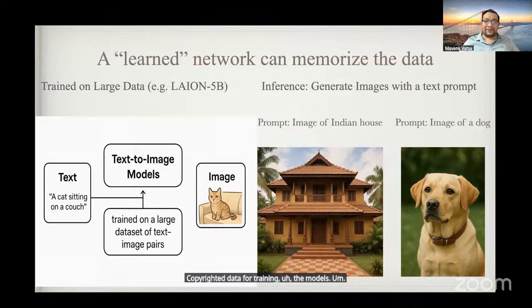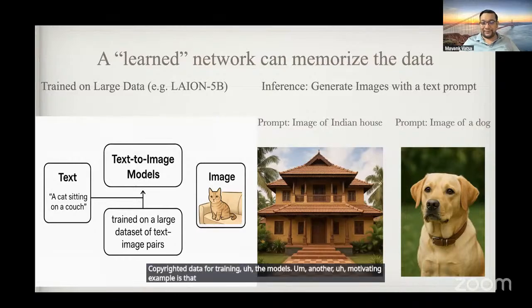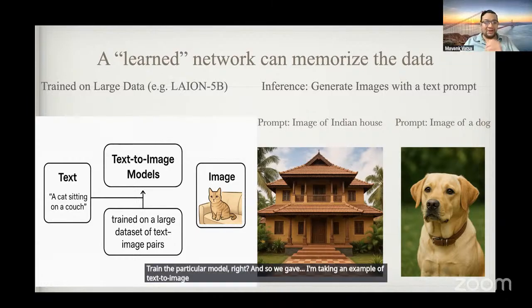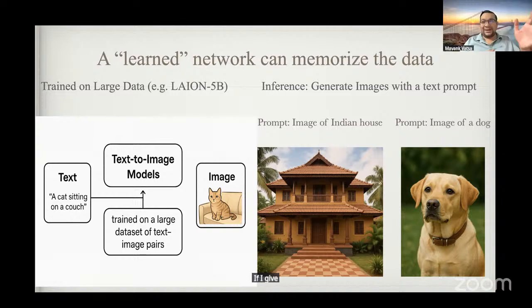Another motivating example is this: when we talk about billions of parameters and billions of samples, probably trillions of tokens, what happens when we train a particular model? I'm taking the example of text-to-image generative models. If I give a text and image pair, the model trains, and then we do the inferencing.